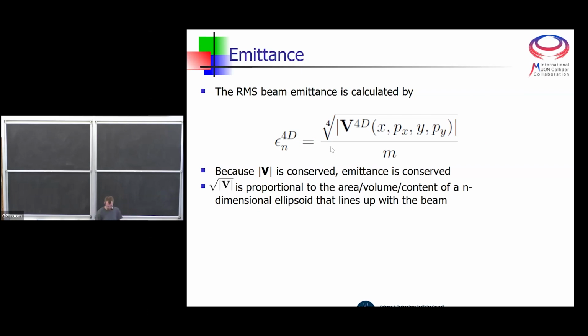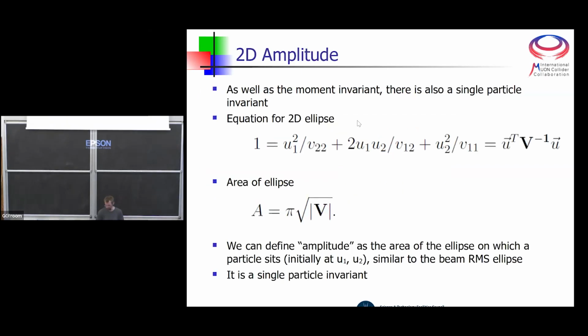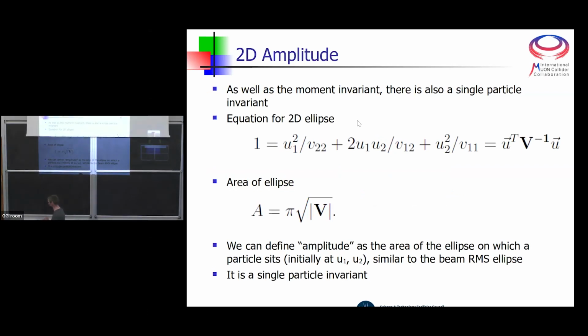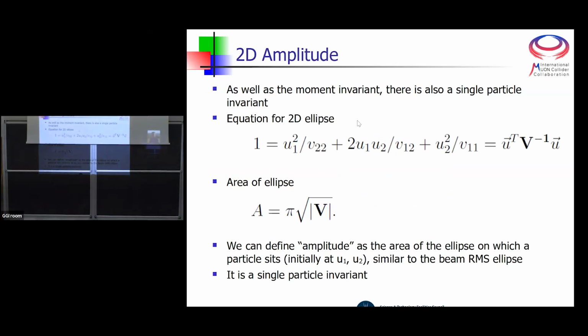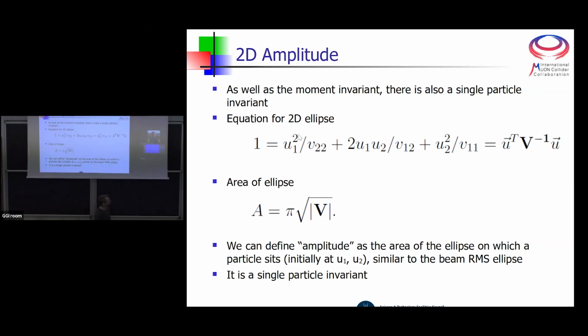Okay. So that's the mathematical formulation. I wanted to explain a little bit more about the geometrical interpretation of that formula. The equation for a 2D ellipse is given by this expression. So an ellipse in my 2D variables u1 and u2.